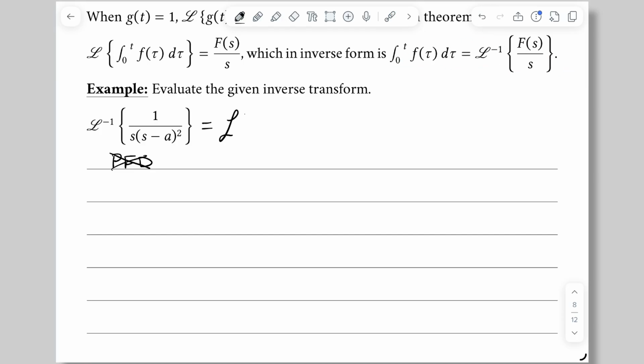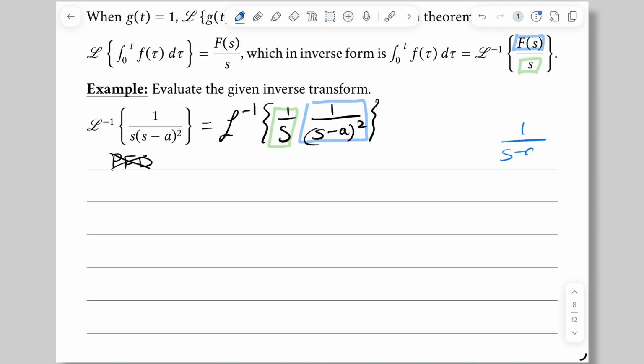First, I'm going to rewrite the function. It's the inverse transform of 1 over s times 1 over (s minus a) squared. I'm going to connect the factor of 1 over s with the s in the denominator of F of s over s. That makes 1 over (s minus a) squared the transform of some function f. 1 over (s minus a) squared is the Laplace transform of t e to the at, right?